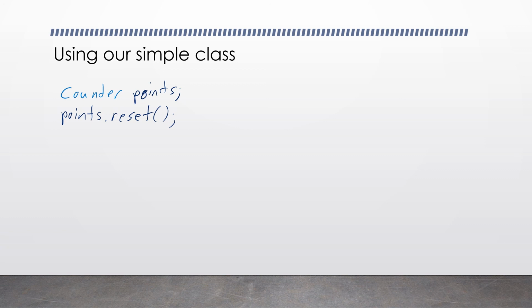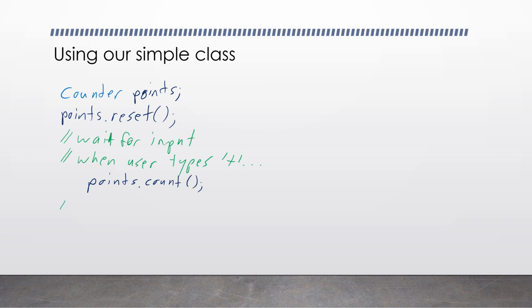Then we'll write some kind of functionality that waits for input, probably a while loop that reads from the console. And let's say when the user types plus, then we will call points.count.